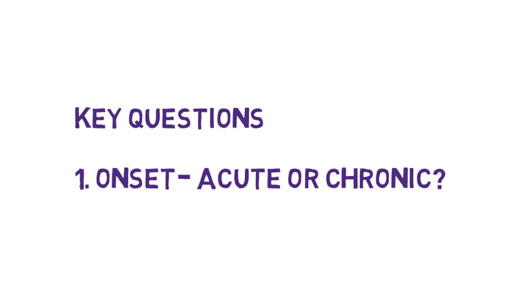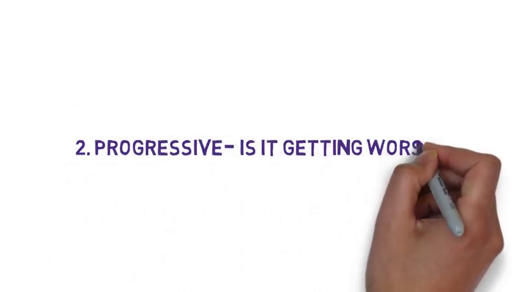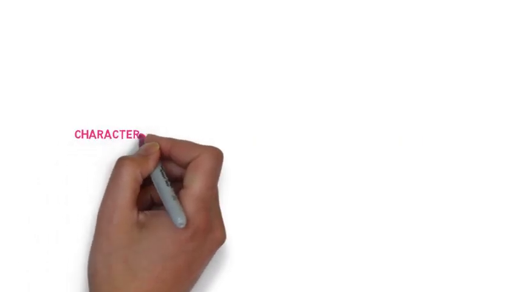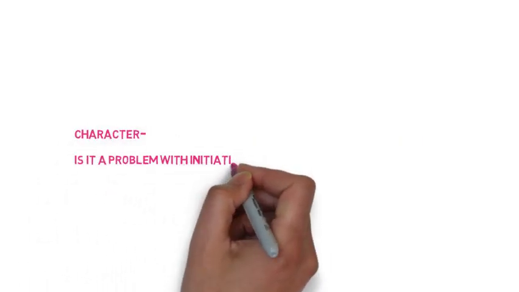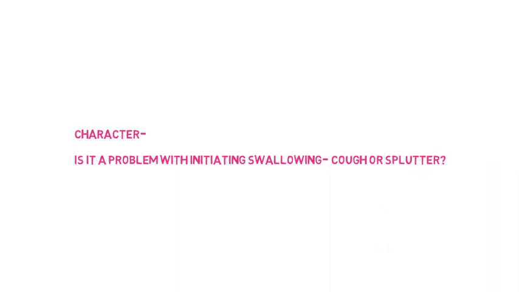So when taking a full history, we need to ask the key questions that help us pinpoint the cause of dysphagia. So we want to know the onset. Was it acute or chronic? The progression. Is the patient's dysphagia getting worse on a daily basis? Character. Does the patient have a problem initiating swallowing?